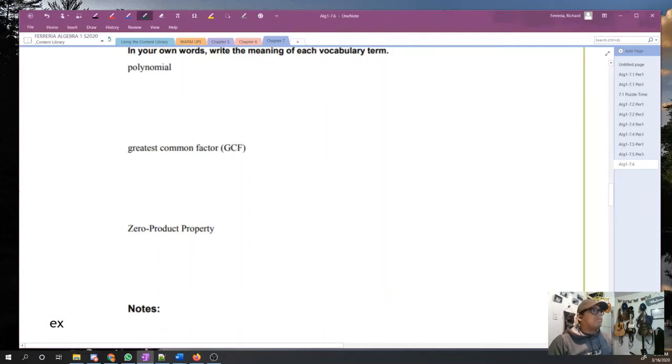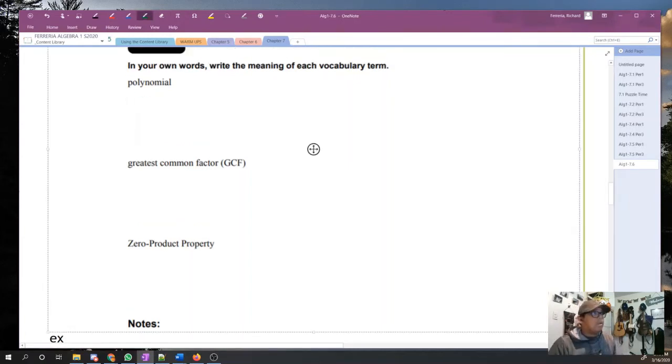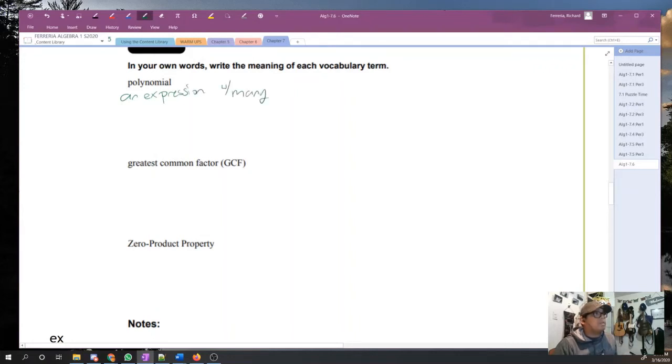Okay, so of course a polynomial is an expression with many monomials.